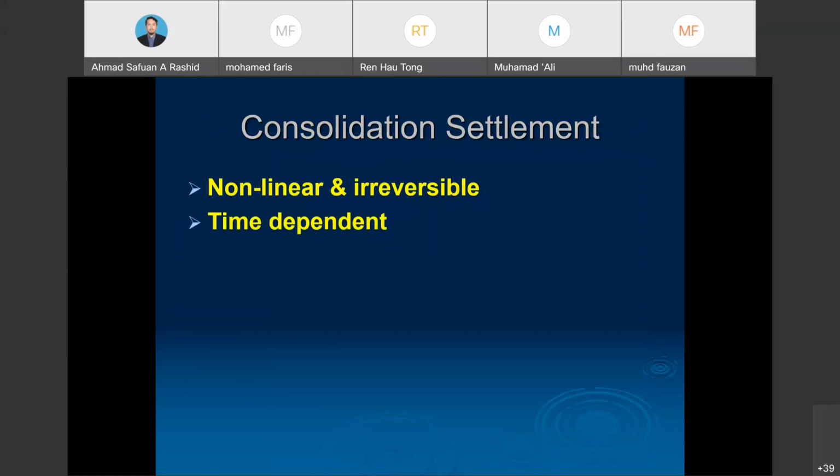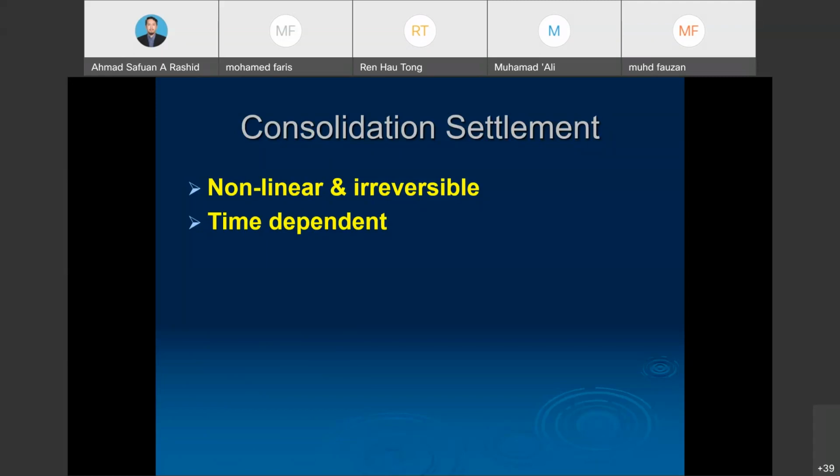So the behavior of this consolidation settlement, the relationship between time is non-linear. So once the soil experiences the consolidation settlement, then if we unload the soil from the loading, it will not go back to similar conditions before the loading.